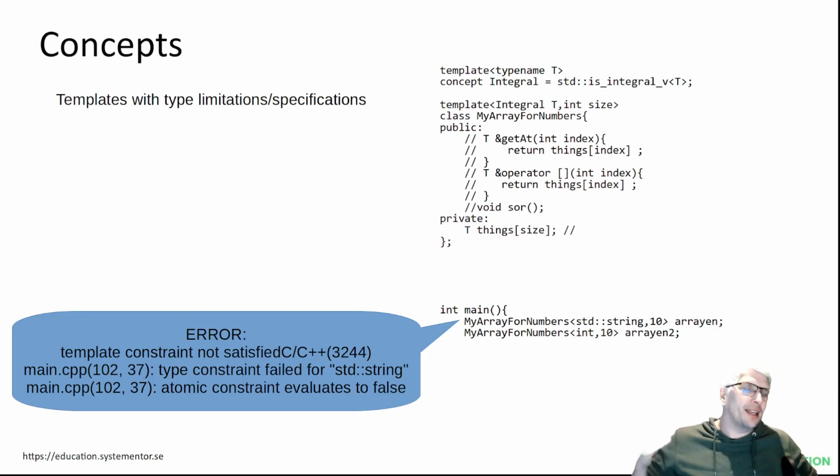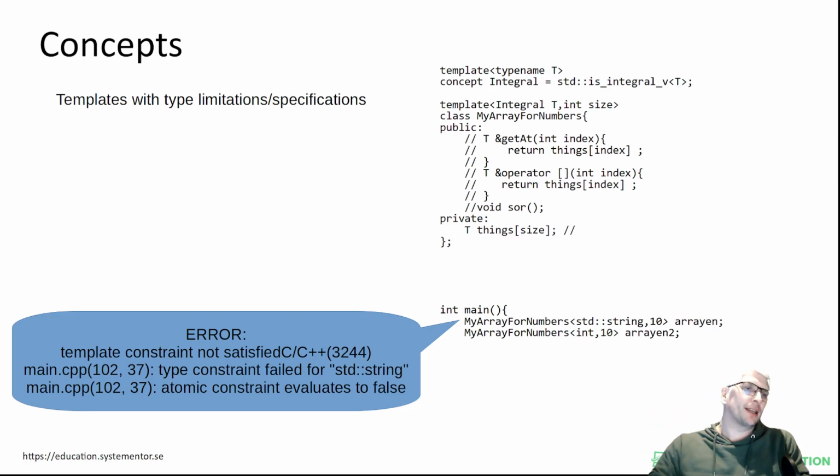But in our daily work, we want to create some sort of mathematical function, and it could only work on numbers, you know, floats, ints, long ints, doubles, long longs, and so on.